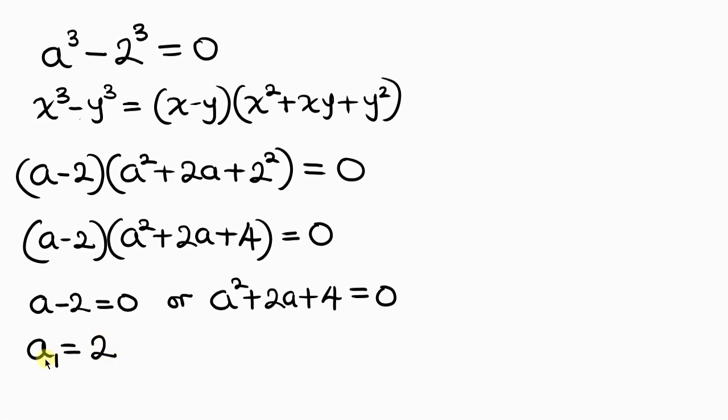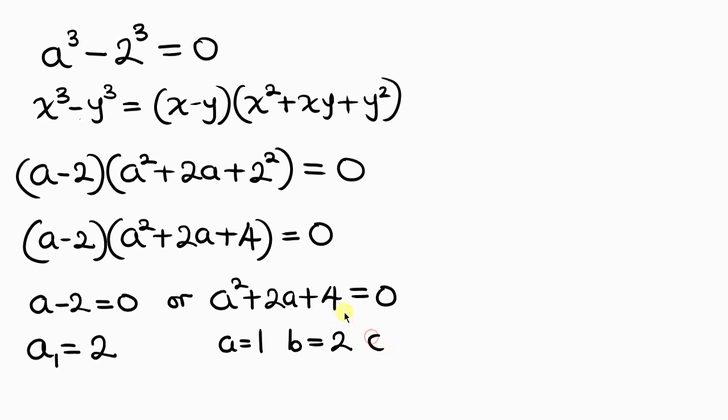Now to get other values of a, we move to this other case. And when looking at this case, you see that we have a quadratic equation. So what is our A from this quadratic equation? Since we're going to be using the quadratic formula, our A is the coefficient of A squared, and that's 1. Our B is the coefficient of A, and that's 2.